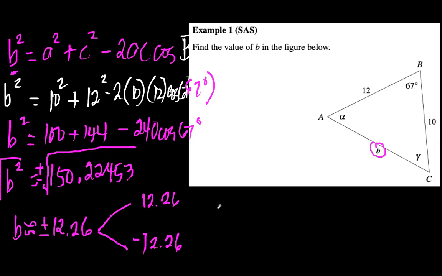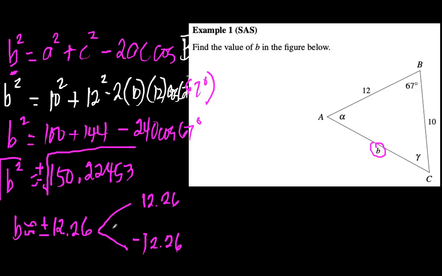Ian said it's 12.3. Why, Ian? Any reason why we need to accept 12.3 or 12.26? Okay, that's right. Lingwell said it should be positive since we're dealing with sides and there are no negative sides.